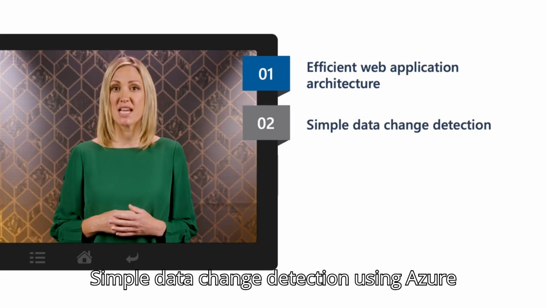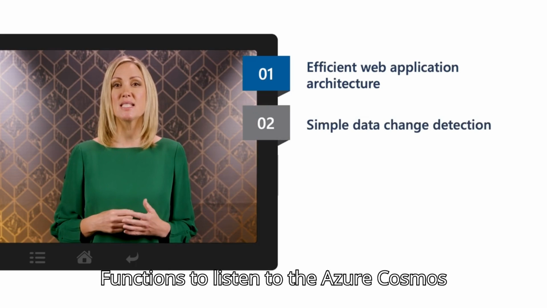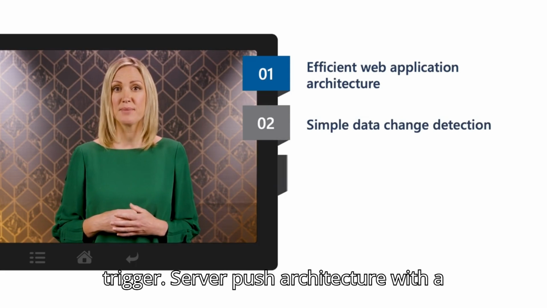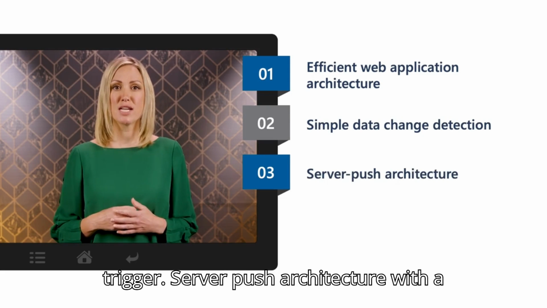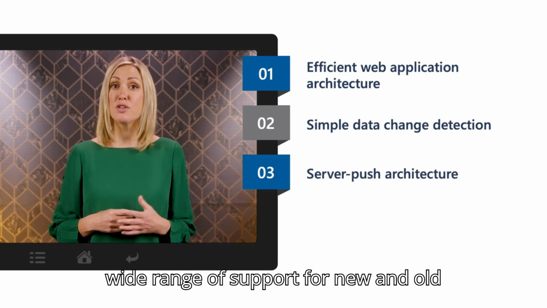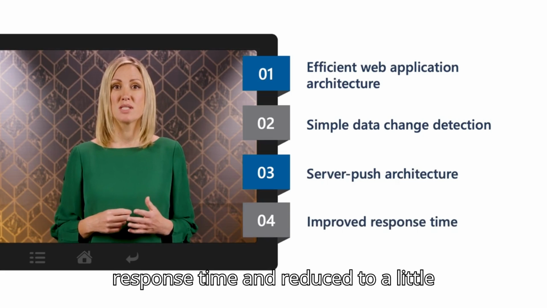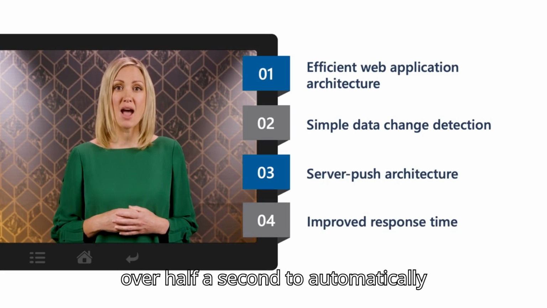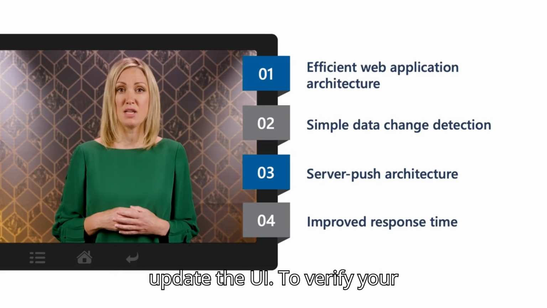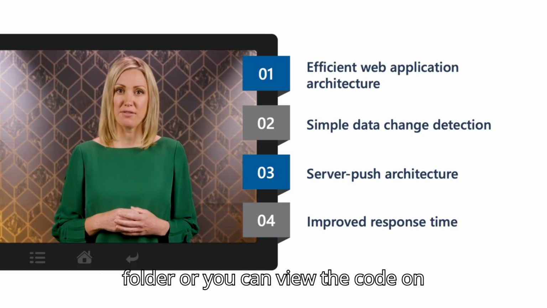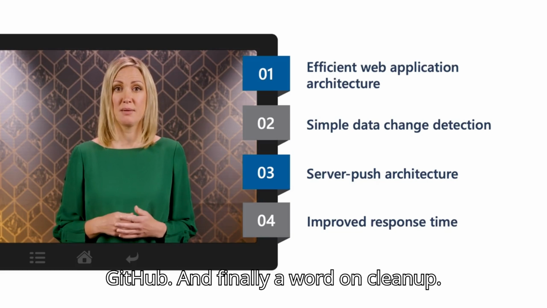Simple data change detection using Azure Functions to listen to the Azure Cosmos DB change feed via the Azure Cosmos DB trigger. Server push architecture with a wide range of support for new and old browsers via SignalR. Improved response time, reduced to a little over half a second to automatically update the UI. To verify your implementation, you can reference the end folder or you can view the code on GitHub.